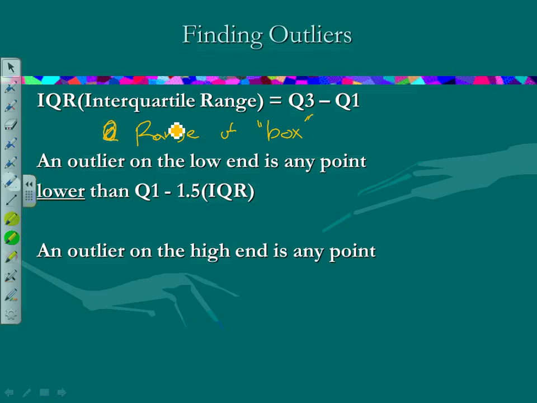If we take and find the interquartile range and multiply it by 1.5, we will have a range for our outliers. We'll take 1.5 multiplied by IQR, and that will help find our outliers.